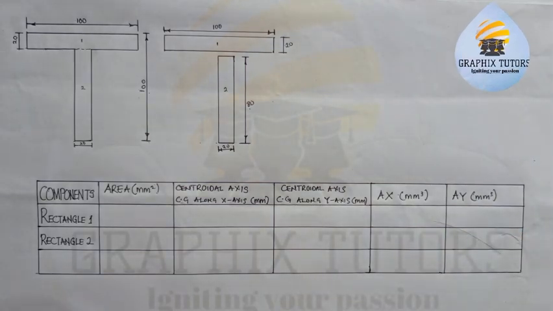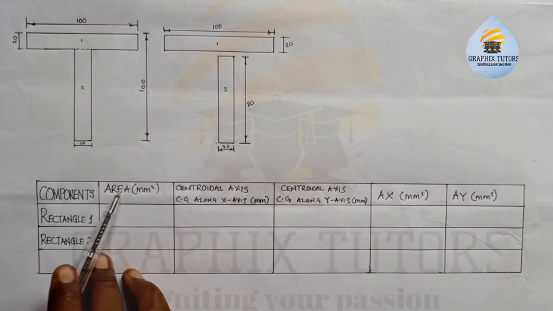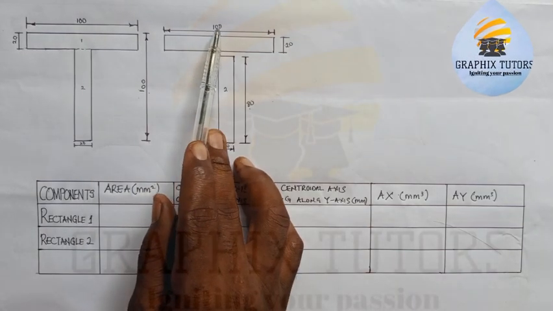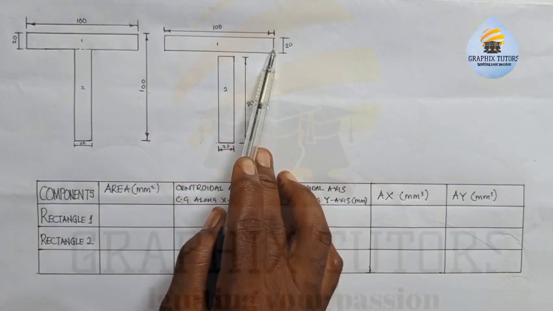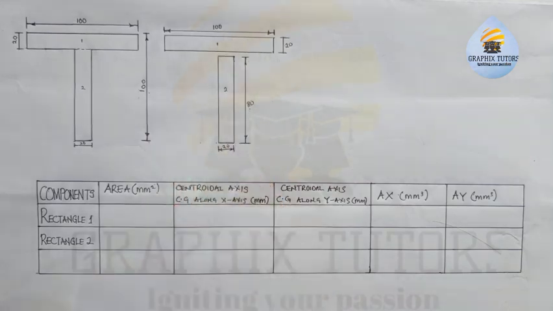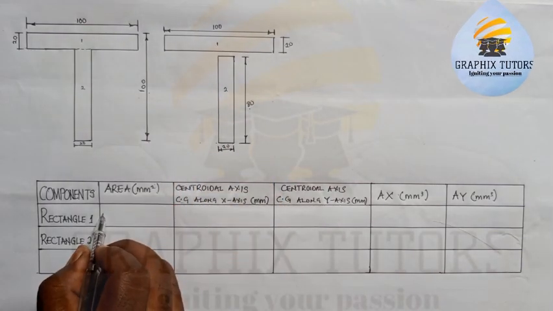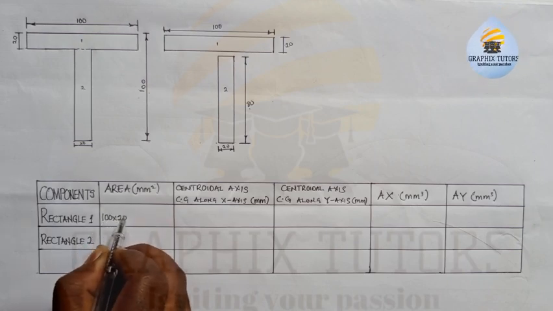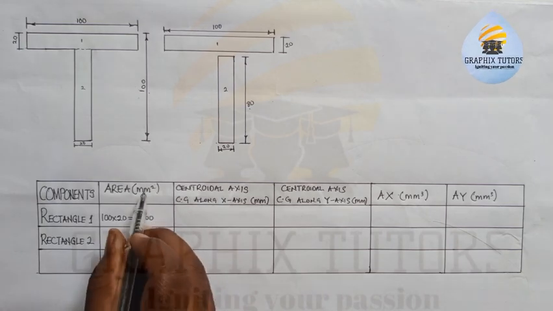Now we'll start with the area of figure 1, rectangle 1, which is this. We have the length and the breadth, or the height and the width. We're saying 100 times 20, and that will give us 2000 millimeter square.